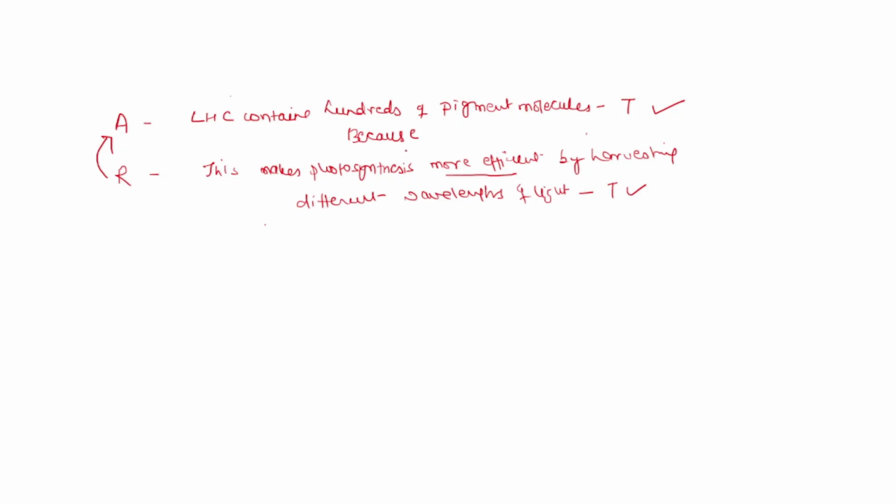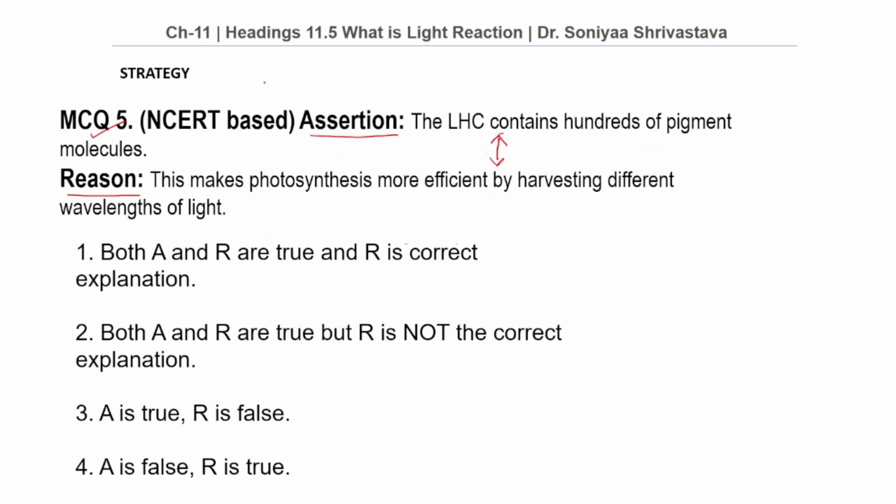That's why the light harvesting complex contains hundreds of pigment molecules working together as a team and making the photosynthesis more efficient. Now coming to the options. We know that both the assertion and the reason are true, and the reason clearly explains the assertion. That's why our answer is both A and R are true and R is the correct explanation.